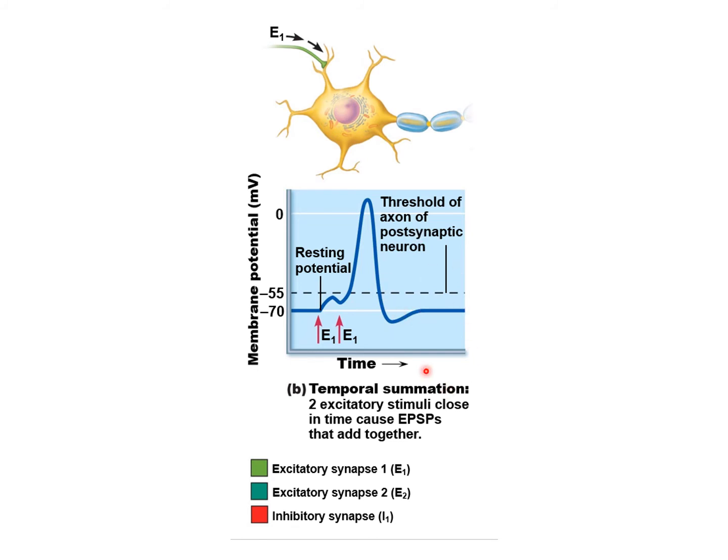So this same synapse, these two excitatory potentials added together, summed together, was enough to reach threshold at the axon hillock.